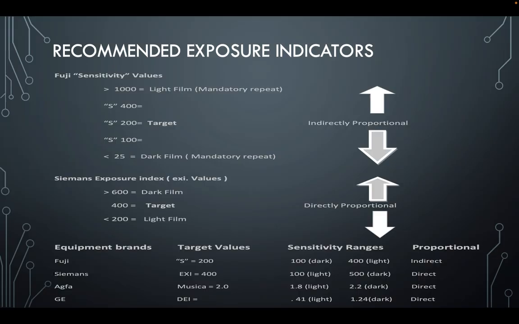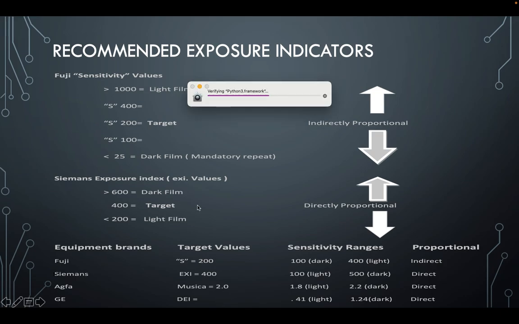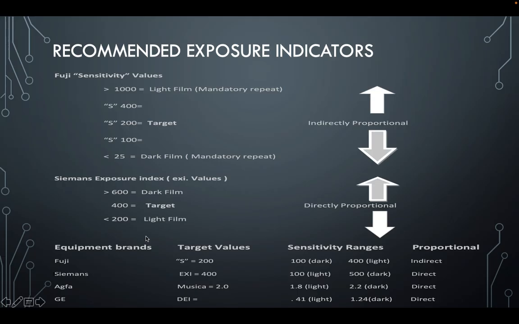If I come into clinic and ask you a question about your EXI number, I want you to be able to answer it. But I do not expect you to memorize all of this. I just want you to understand that some systems are indirectly proportional and some are directly proportional.